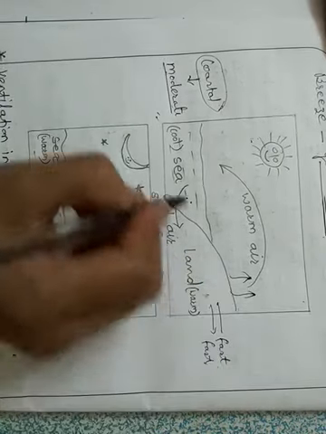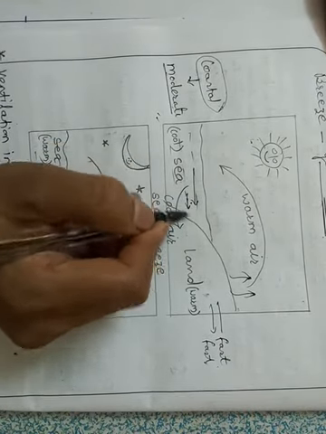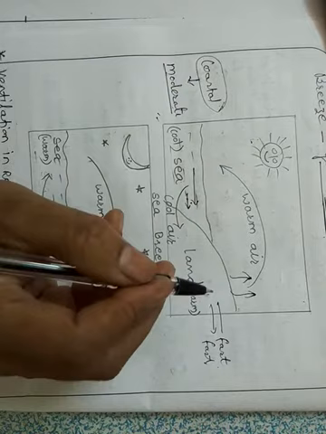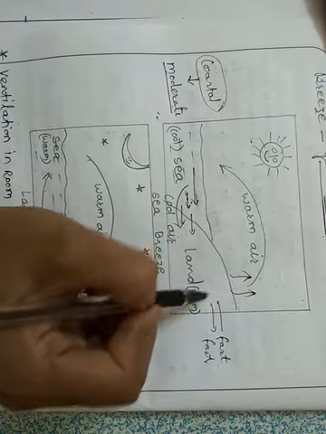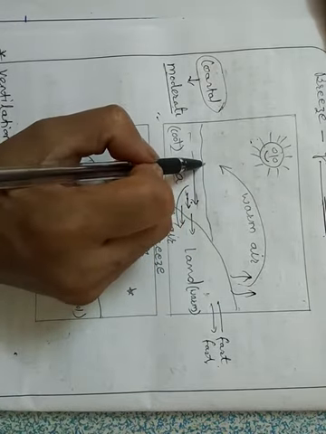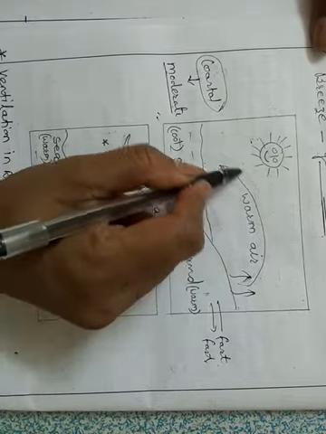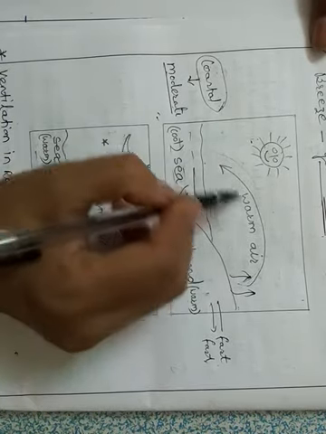Then what happens? The cooler air moves towards the land and the warmer air moves towards the sea. Okay, and this is called a convection current.